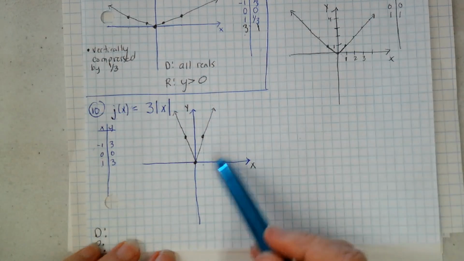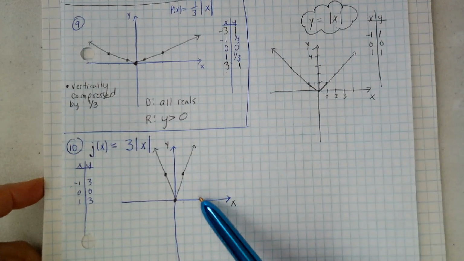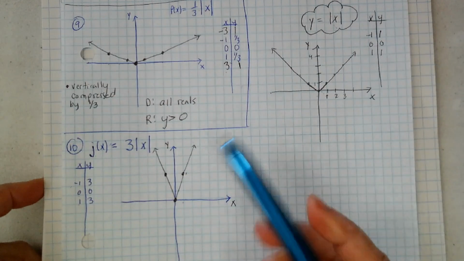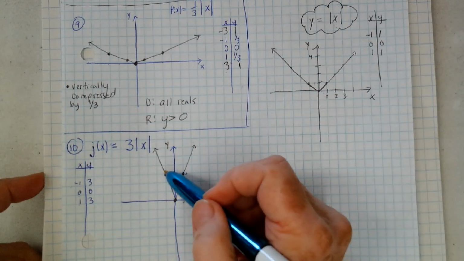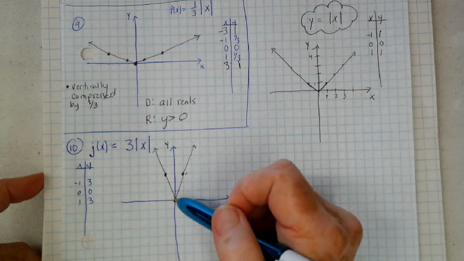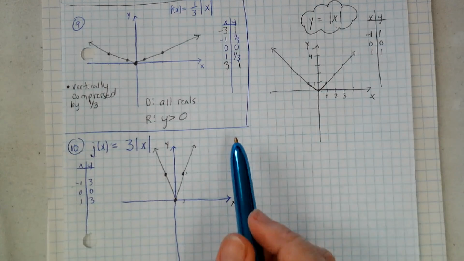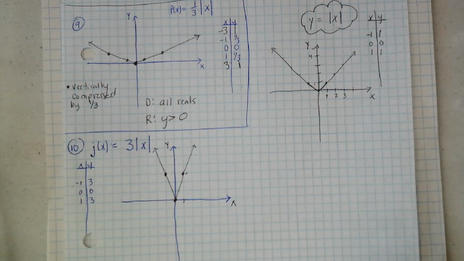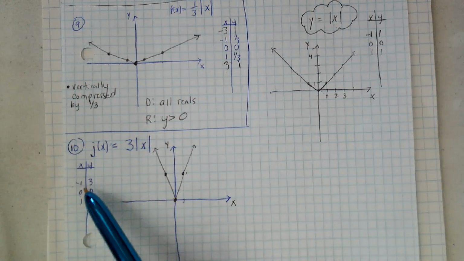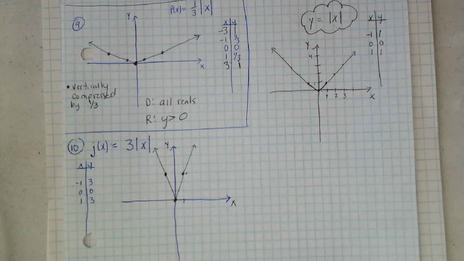Now this is a graph that I can look at and compare. It's important that I put these dots here because that shows me this is 1, 1, 2, 3. That's 1, 3. It's -1, 3, and that's 0, 0. Those need to look like points on your graph. If you just have some V with no grid lines, and the points in the table don't look like they're even on the graph, that's not a proper graph. But this graph will work.